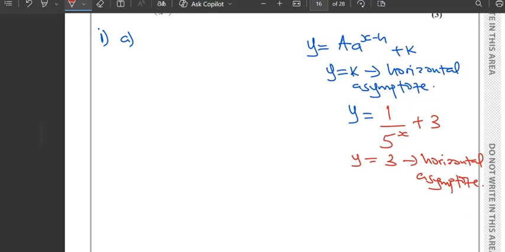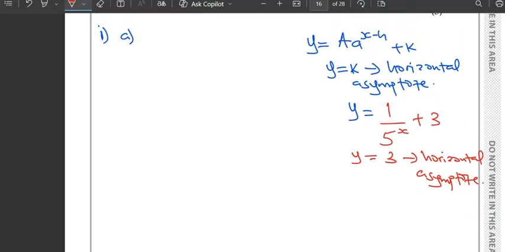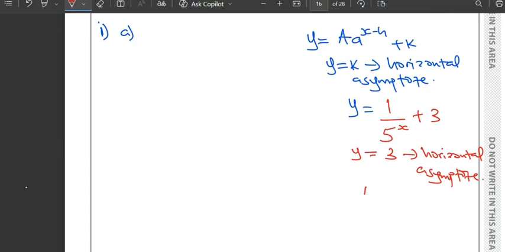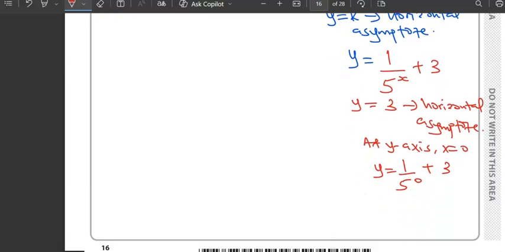And number 2, we also need to determine the point at which the curve cuts the y-axis. We know that on the y-axis x equals 0. So when we substitute x with 0, we have y equals 1 over 5 power 0 plus 3, which means y equals 1 plus 3, and y equals 4.